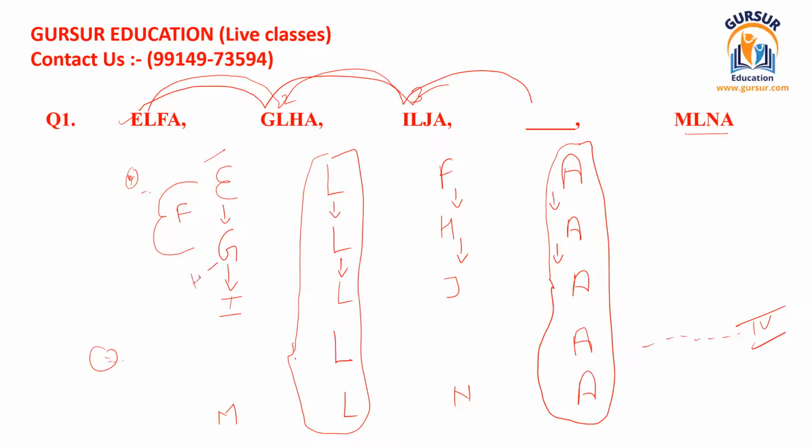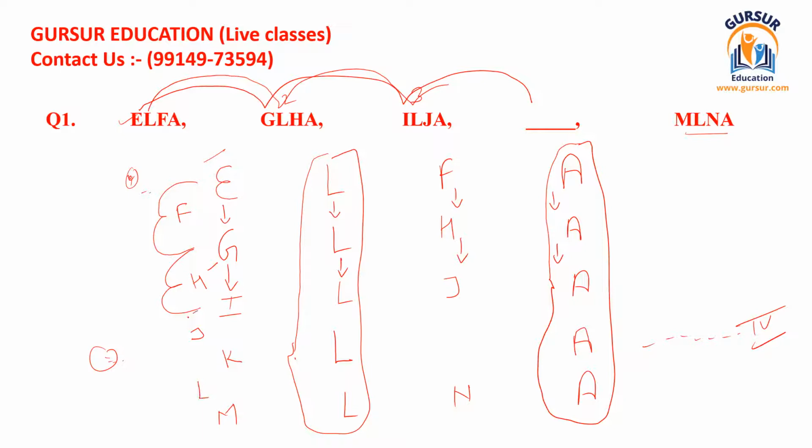So here I'm writing H. This is just making a very defined series. So E, F, G, H, I, we know that now J shall come separately, and after J, K comes, and after K, L comes.